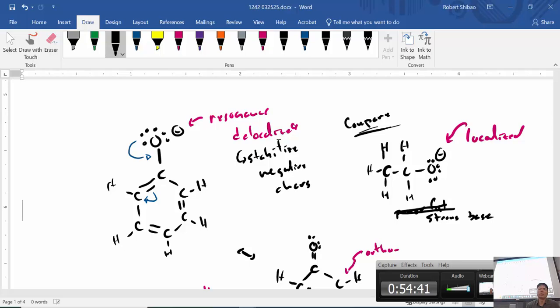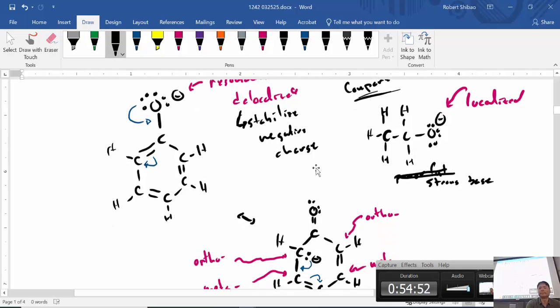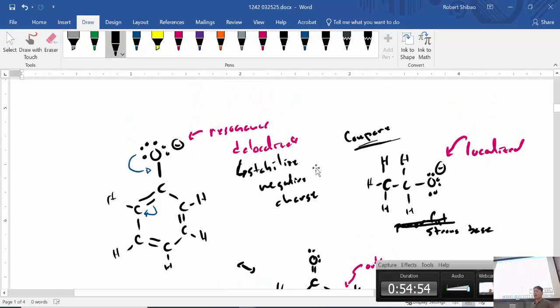In other words, the more we can spread out that negative charge, the more dilute it becomes and the less reactive it is. And so as far as bases go, this is a much weaker base than this. This is a powerful base, or I called it powerful initially. I'll just call it strong base. This is a strong base.